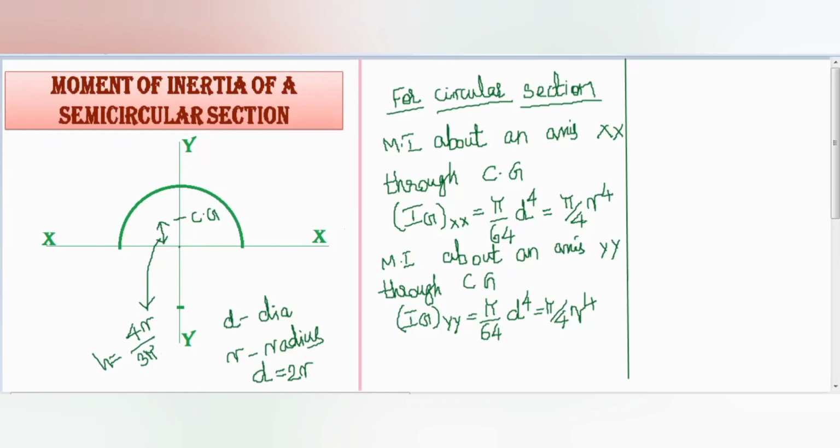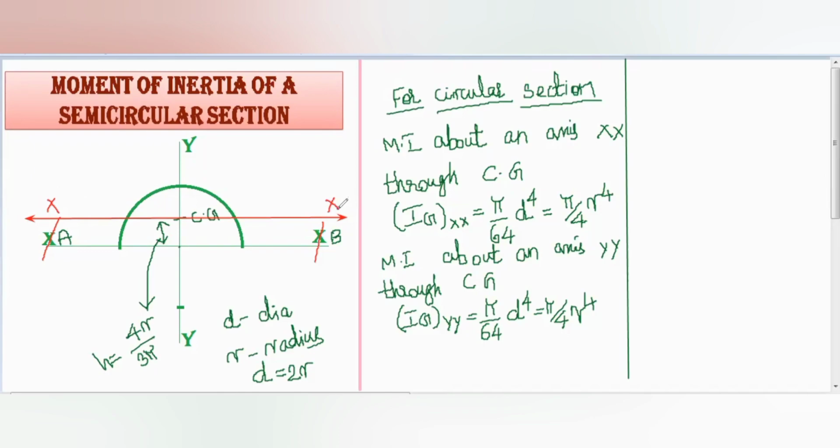So now I'm going to mention this as an axis AB. Okay. I'm going to mention this is the axis AB. And now I'm going to draw the axis XX, which passes through the center of gravity now.